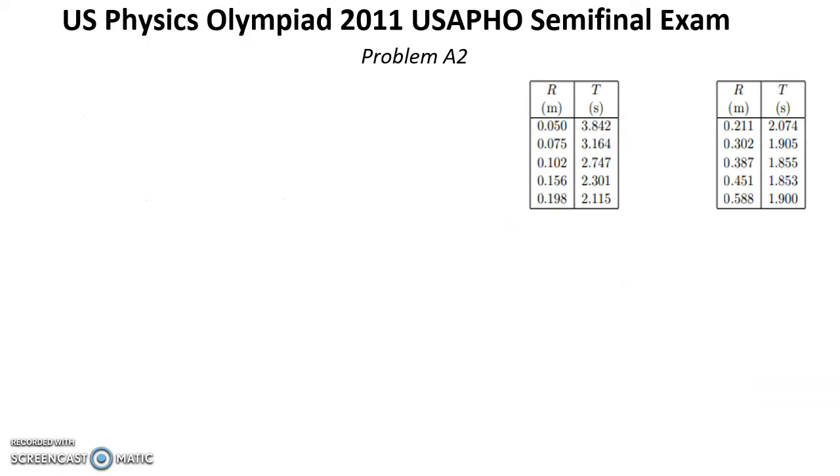We can use the formula for the period of a physical pendulum. This one: period equals pi multiplied by the square root of moment of inertia divided by mgr. Moment of inertia for the physical pendulum, using the parallel axis theorem, equals this expression.